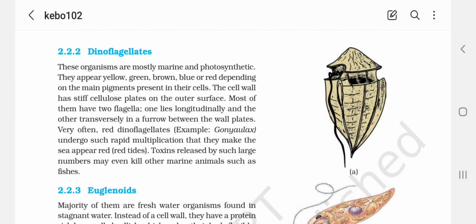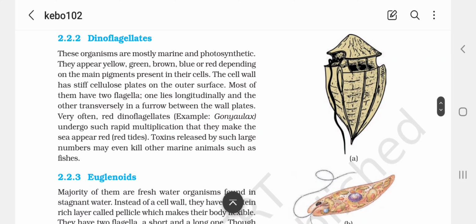2.2.2 Dinoflagellates. These organisms are mostly marine and photosynthetic. They appear yellow, green, brown, blue, or red, depending on the main pigments present in their cells. The cell wall has stiff cellulose plates on the outer surface. Most of them have two flagella.